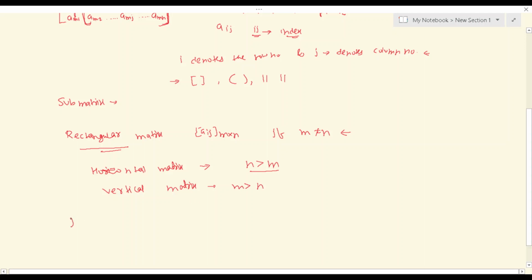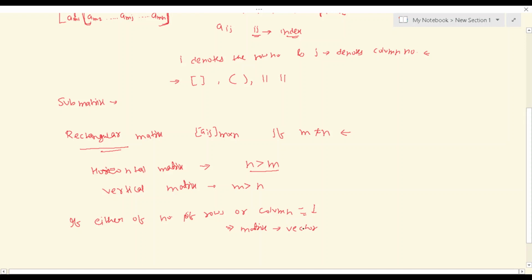Okay, if either the number of rows or columns is equal to 1, this implies that the matrix is termed as vector.